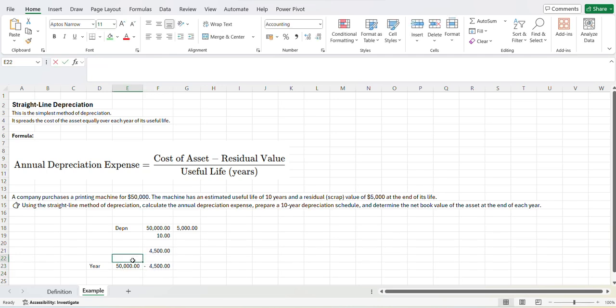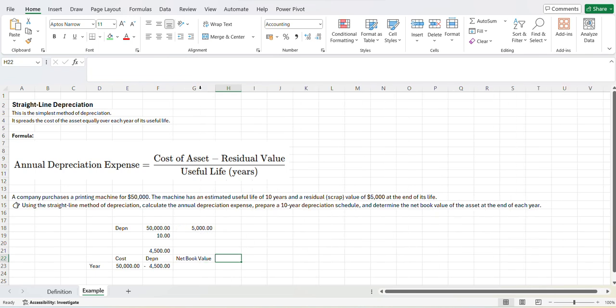So cost, depreciation, then we have net book value. We're still in year 1. The net book value will be the cost minus the depreciation to give us this net book value. So that's year 1.